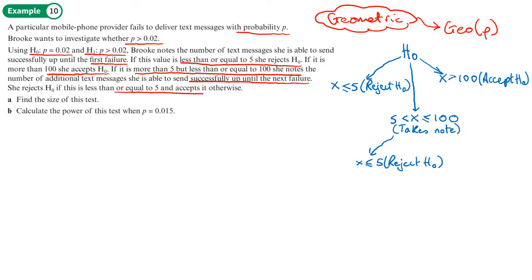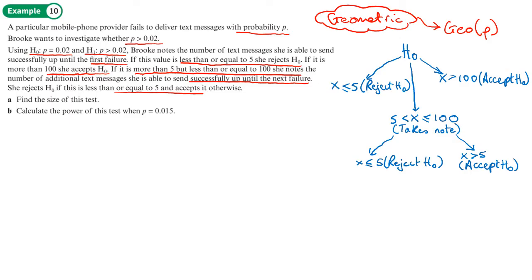And otherwise, so if anything else happens, which basically means that X is going to be greater than 5, we're told that she will accept H0. So a little diagram like that might just help us in dealing with this question, otherwise it can become quite confusing.